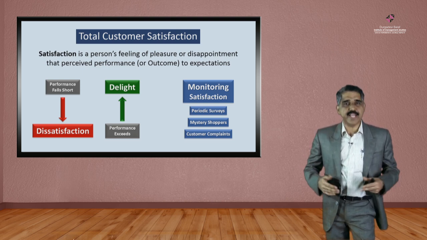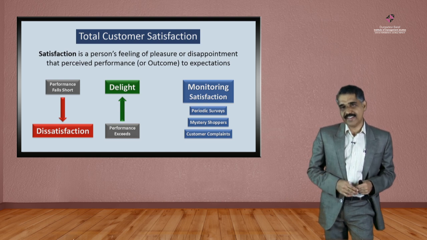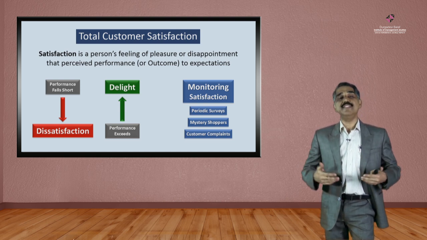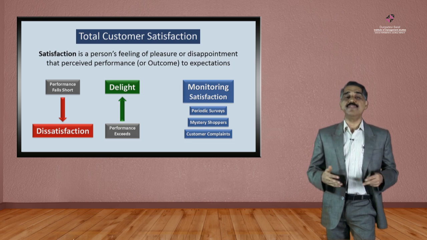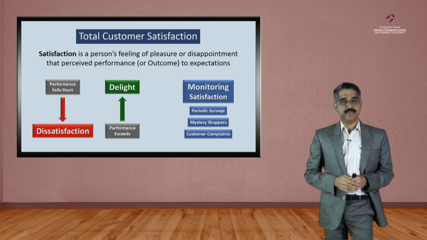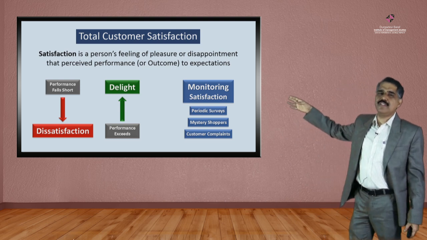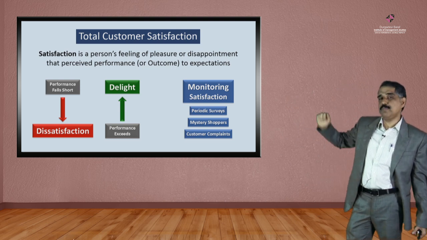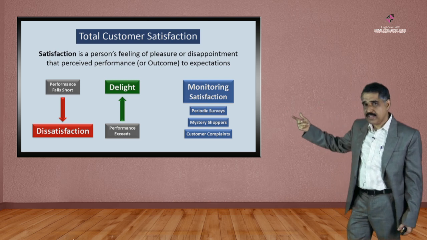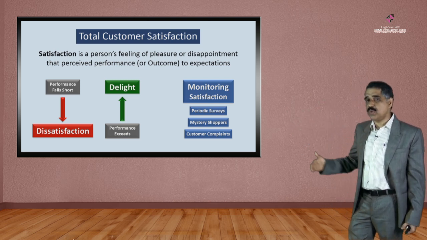So when I say I'm satisfied, what do you mean by that? My feeling of pleasure or disappointment from the perceived performance out of that particular consumption. Now look at here a simple definition. Satisfaction is a person's feeling of pleasure or disappointment, comparing perceived performance or outcome to the expectation.